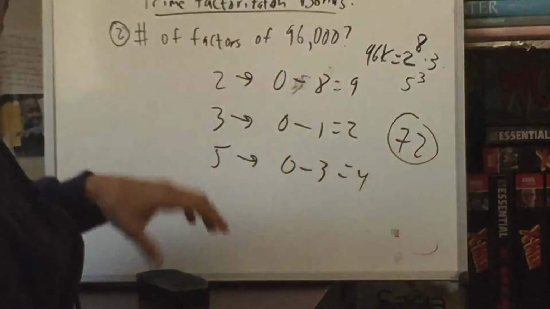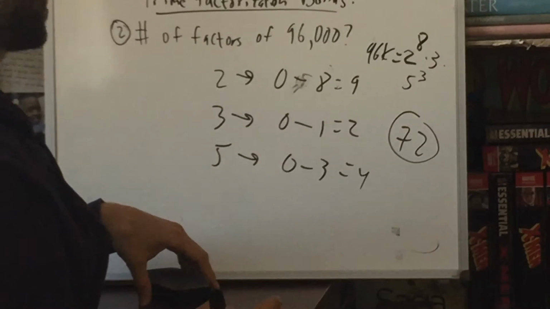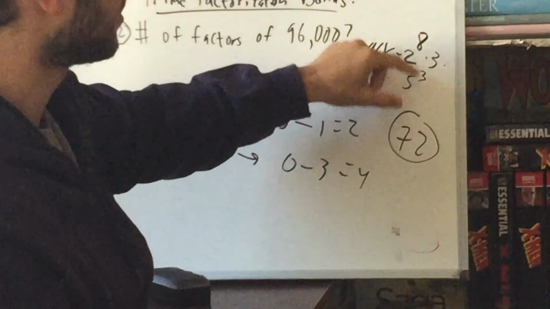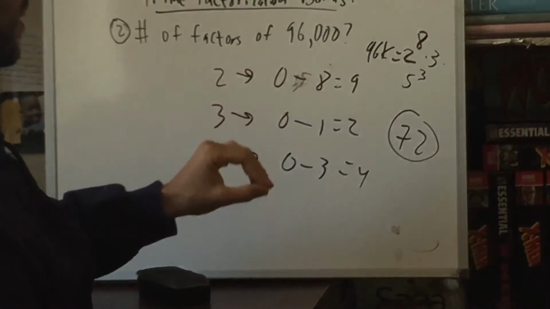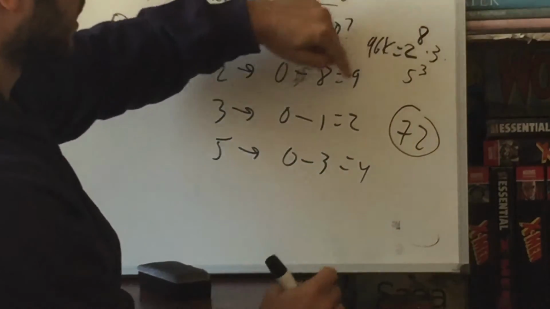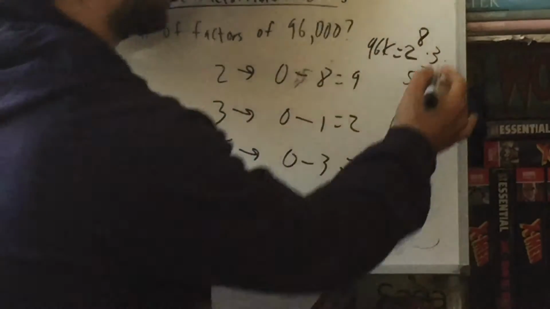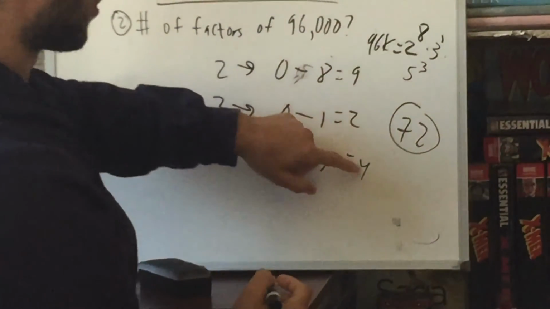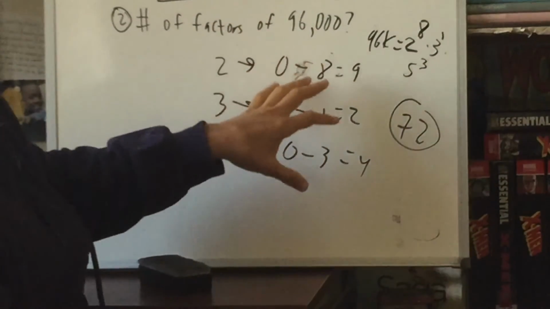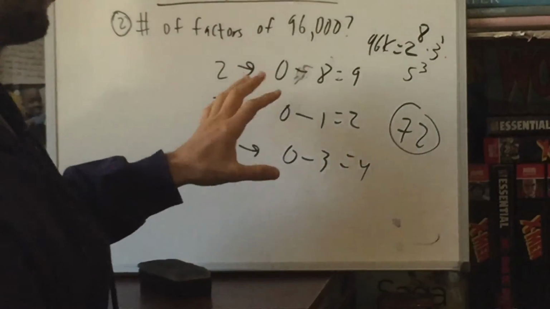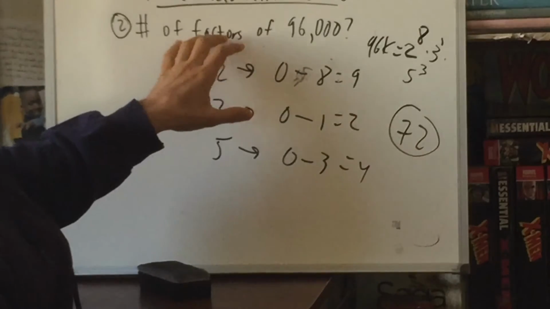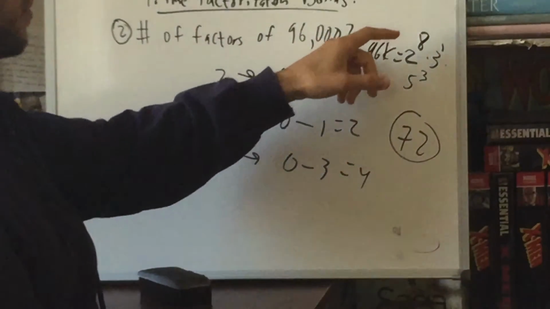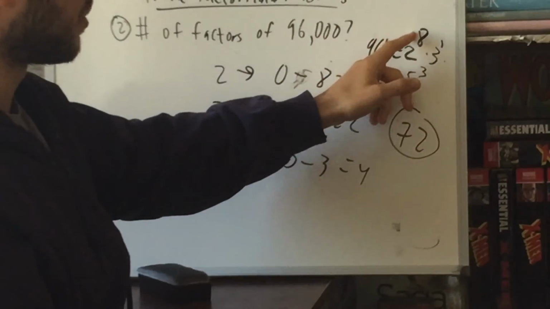Now, in general, if you have any prime factorization, you just look at all of your exponents, you add 1, and you multiply them, right? So this is 8, we did 1 more. This is 3 to the first, we did 1 more. 5 cubed, we did one more, which was 4. Again, why are we doing this? Because your choices for factors include the prime factorization with exponents from 0 up to the number.